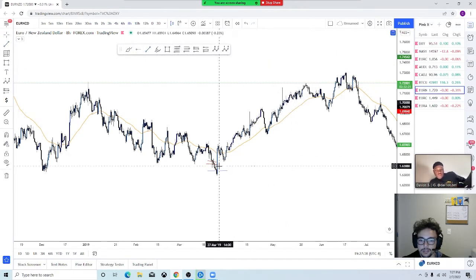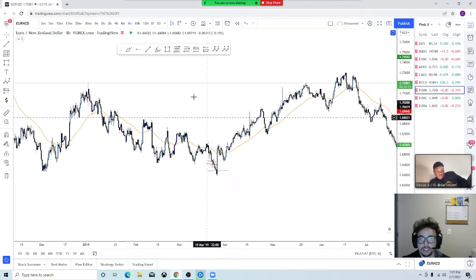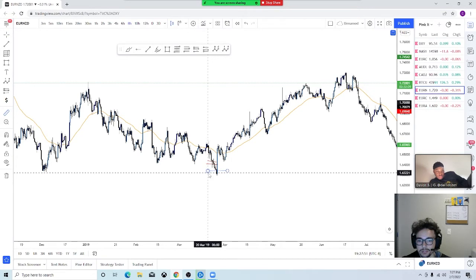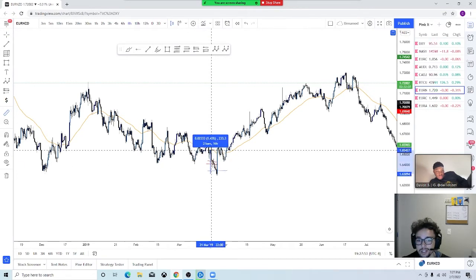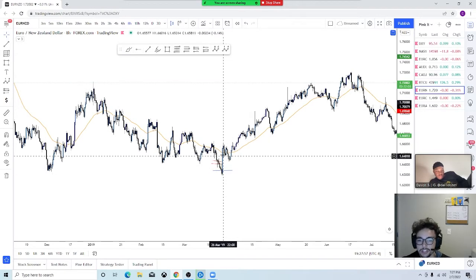And now, as you can see, price drastically changed direction. Not even slightly, completely changed direction. This is an 8-hour candle on Euro NZD. This is more than 100 pips without a doubt, 240 pips. So the market changed drastically.